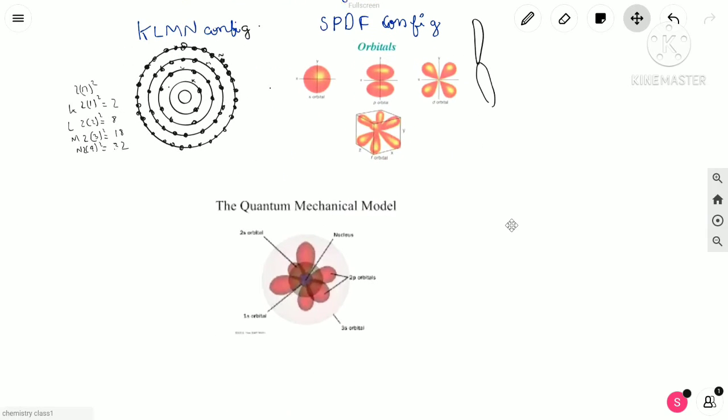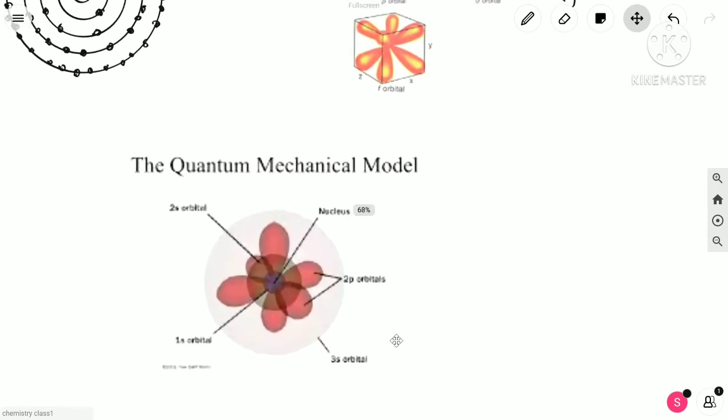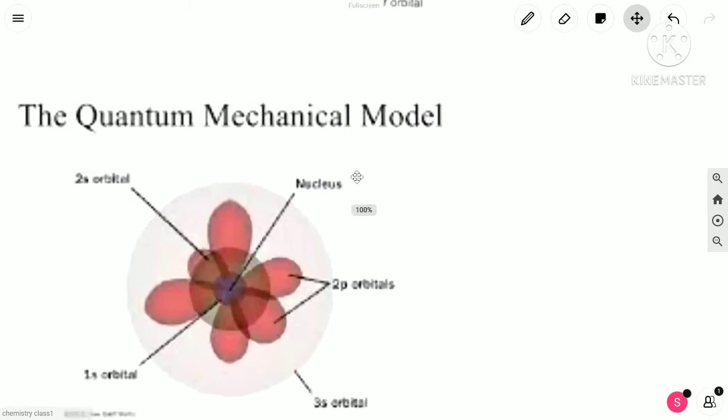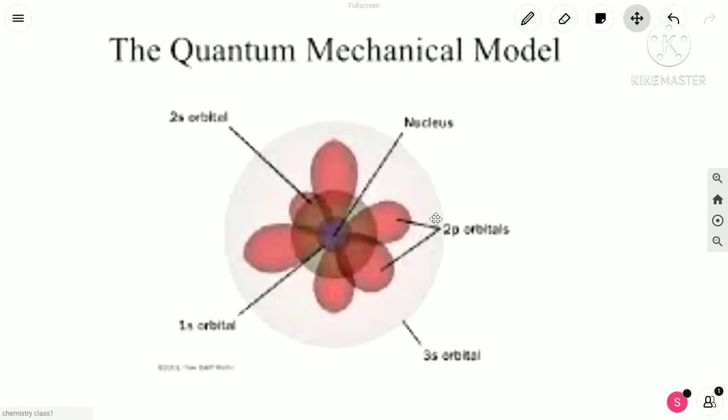And this is how it will look in an atom. These clouds are called probability clouds, or these balloon sort of figures. These are where the electrons could be in most possible times, but it could just be somewhere else also. That is the wickedness of quantum mechanics.